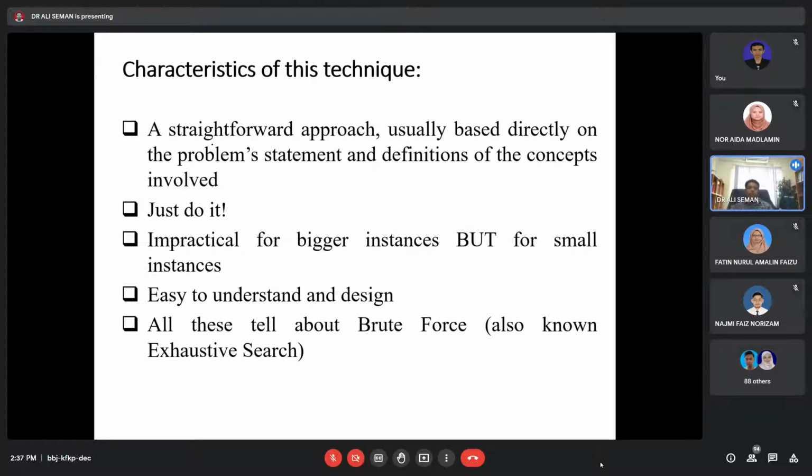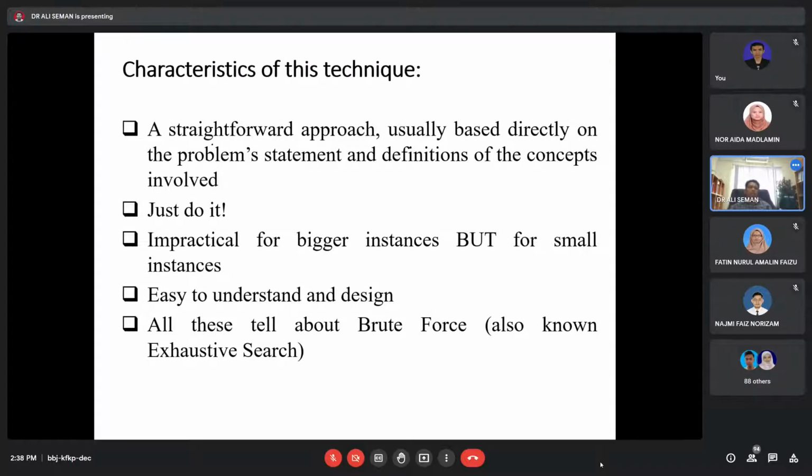But if we have a million or a trillion, it may take some time to complete, especially for searching. We try to find that search key, and the key is located at the last of the list. Then you have to go through all the elements before you find it.